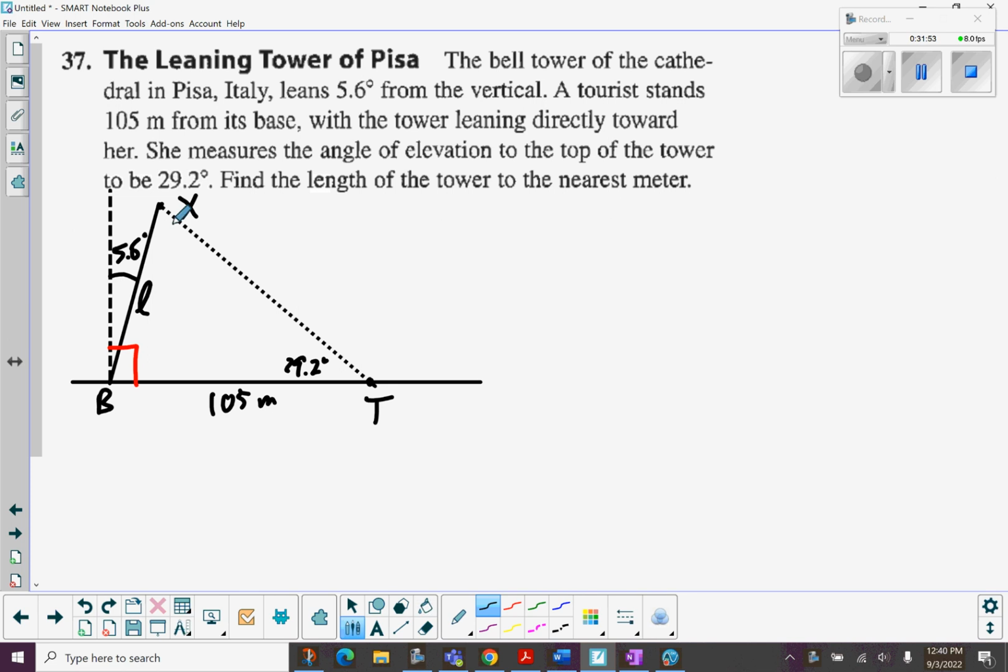The measure of angle XBT would have to be the complement of that 5.6 degree given angle. So this has to be 84.4 degrees to give us angles that are complementary.